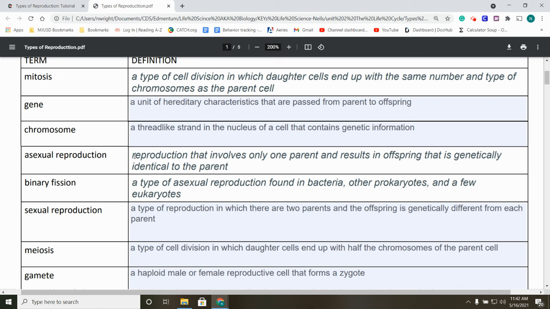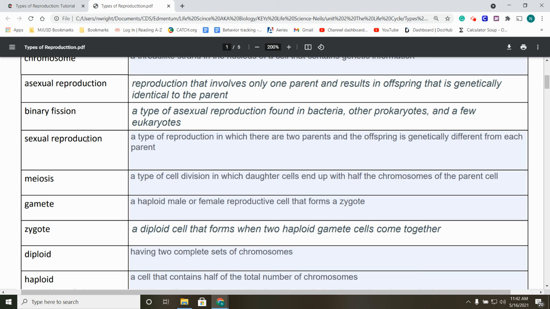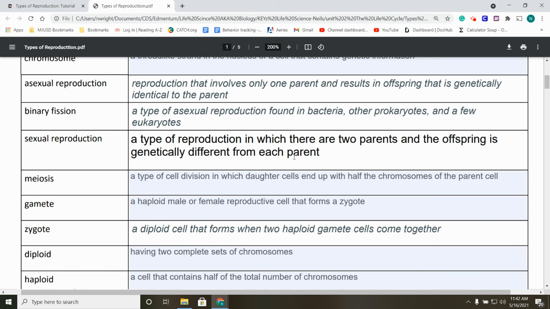Asexual reproduction, reproduction that involves only one parent and results in offspring that is genetically identical to the parent. Binary fission, a type of asexual reproduction found in bacteria, other prokaryotes, and a few eukaryotes. Sexual reproduction, a type of reproduction in which there are two parents and the offspring is genetically different from each parent.